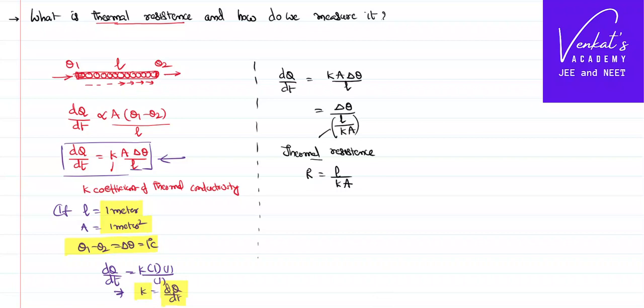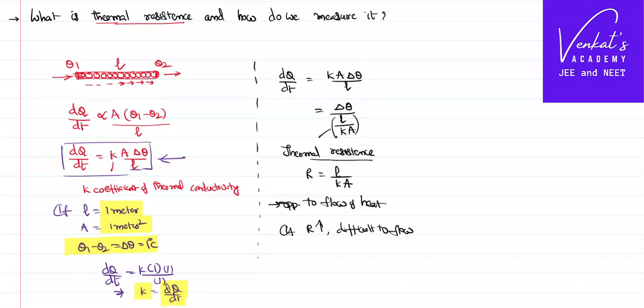As the name itself tells you, resistance is an opposition to the flow of heat. What it means is, if thermal resistance is more, it is difficult for the heat to flow, and vice versa.